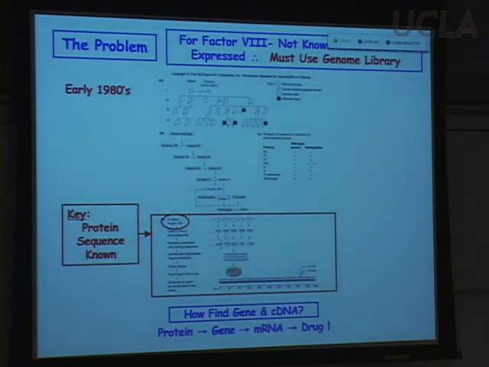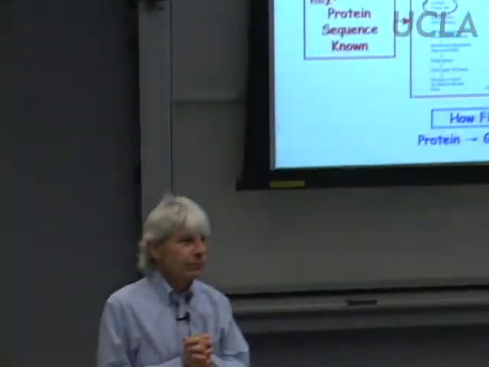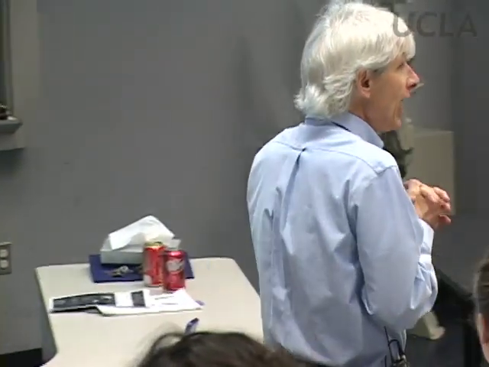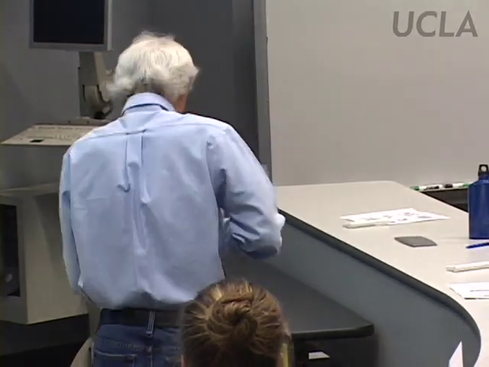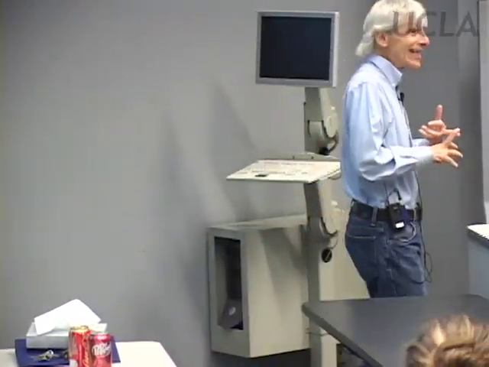They knew that factor 8 was a blood clotting protein, and they had purified some of it from many, many liters of blood, and also purified a comparable protein from about 20,000 liters of pig's blood and 20,000 liters of cow's blood. They were able to get factor 8 protein from humans, from cows, and from pigs, and to do a little bit of protein sequencing.